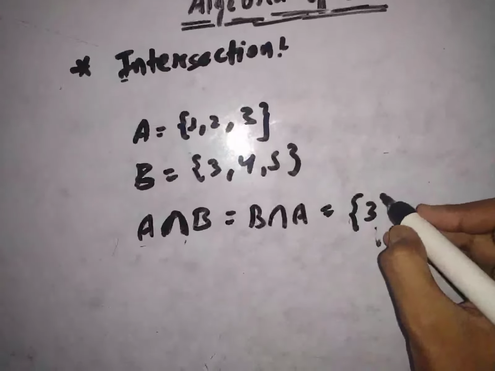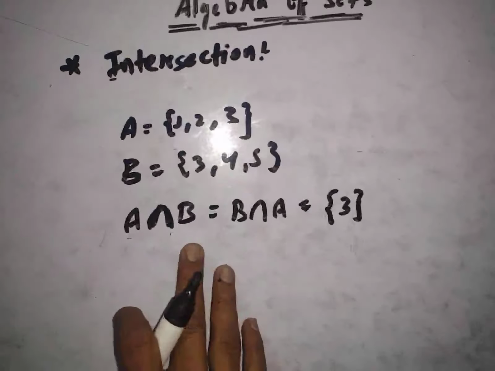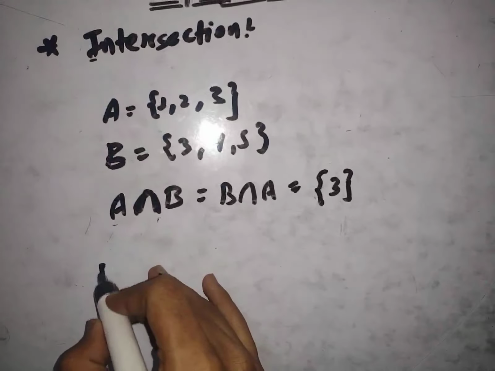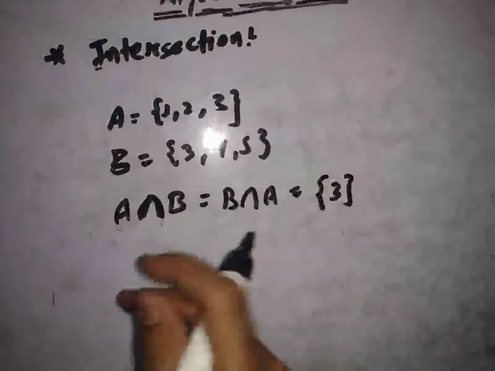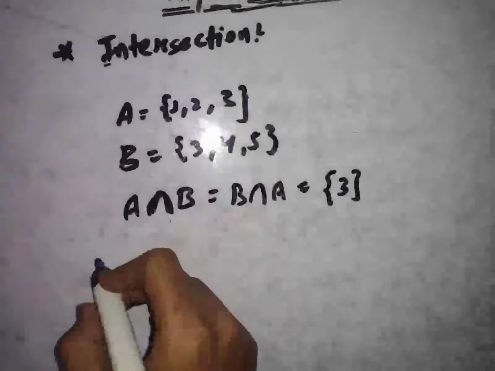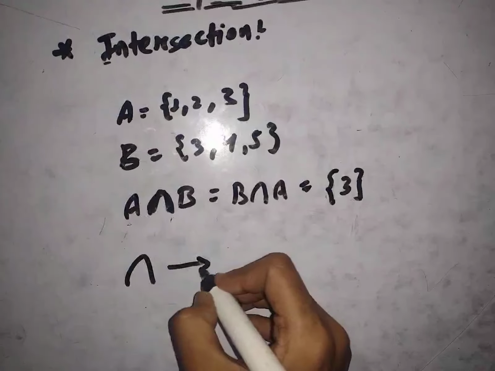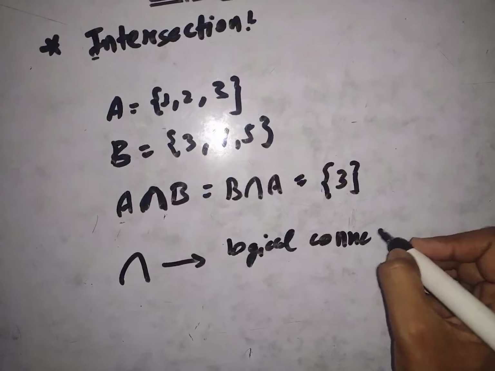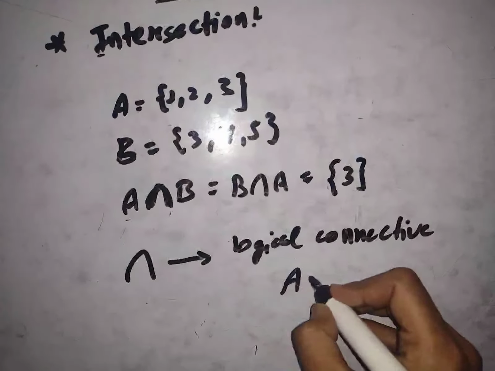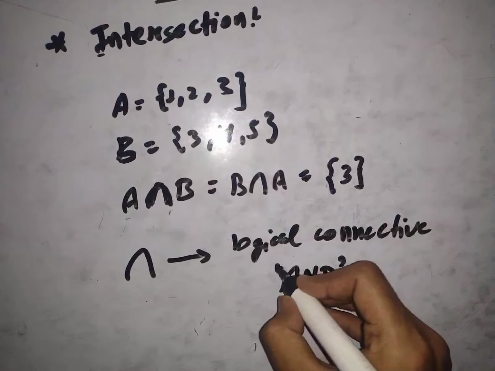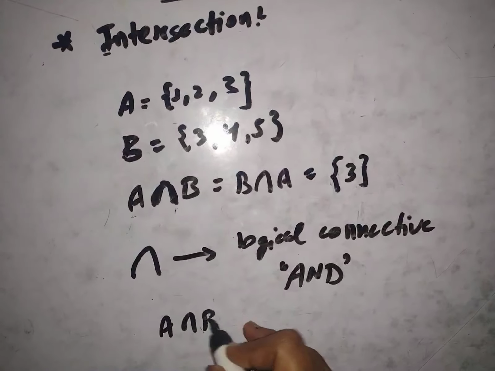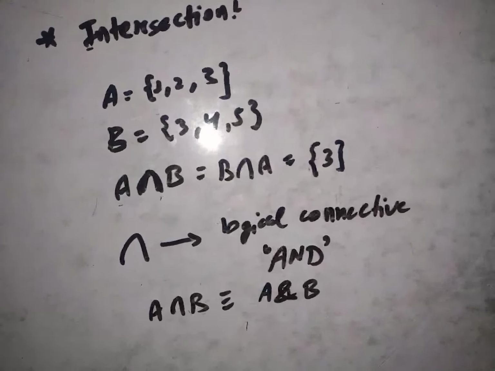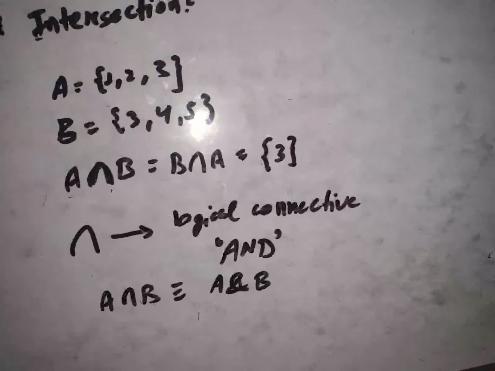So the elements that are common in both. Intersection means the elements that are precisely in both the sets. The remark is that intersection is like the logical connective AND. So when we say A intersection B, we can equate this to A and B.